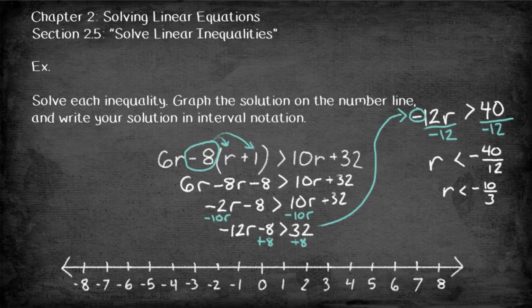And we get r less than negative 10 over 3. And 10 over 3 is, what, 3 1/3? So I need an open circle there. And since I'm looking at less than, I'm going to the left.